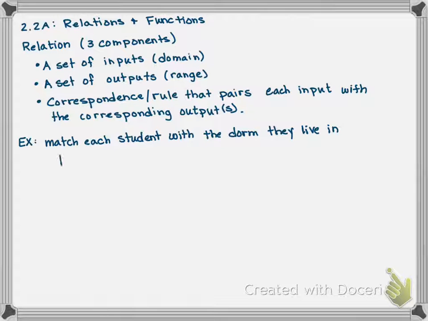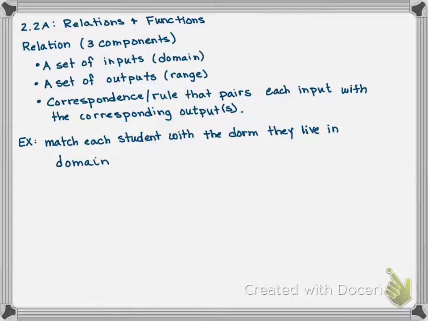So in this case, one thing to keep in mind about the domain and range is that the domain is the set of all the inputs for which this correspondence makes sense. So does everybody on campus live in a dorm? No. So my domain can't be every single student on campus, because I can't apply this rule to every single student.